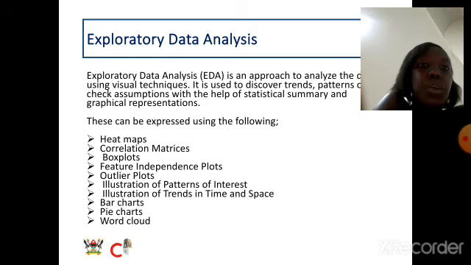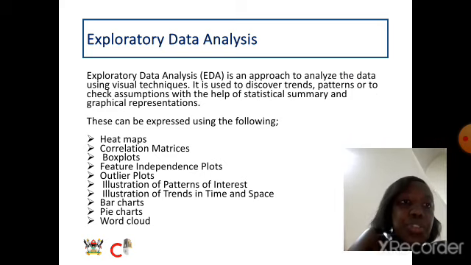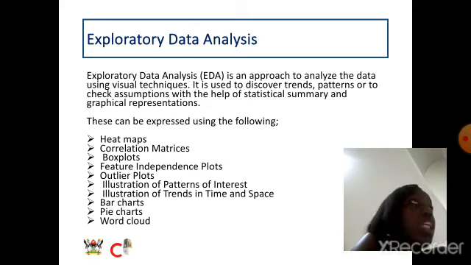First, I'm going to talk about exploratory data analysis. This is an approach to analyze the data using visual techniques. It is used to discover trends, patterns, or to check assumptions with the help of statistical summaries and graphical presentations of the data in the data set.